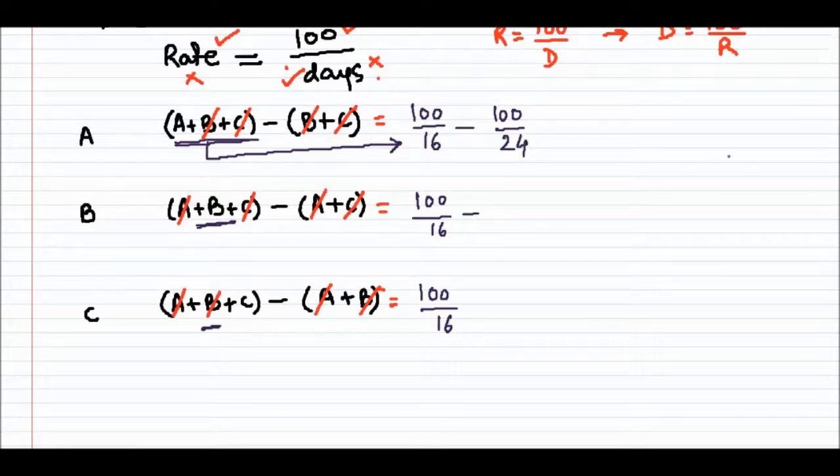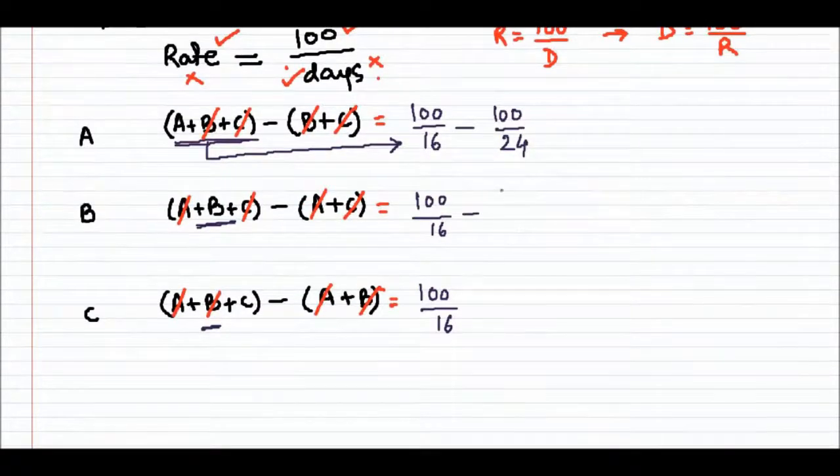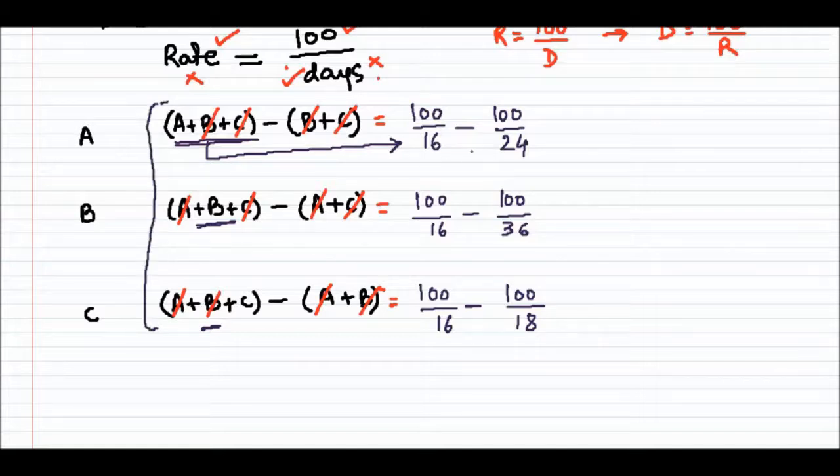Similarly, they have asked for B. I am trying to find the rate first. So let us see here, A and C are doing it in 36 days, so 100 divided by 36, and likewise here I will put 100 divided by 18. Now still I am struggling to find the number of days here. All this I am doing in terms of rate. I have taken this in fractions. People solve it in decimals, not an issue.